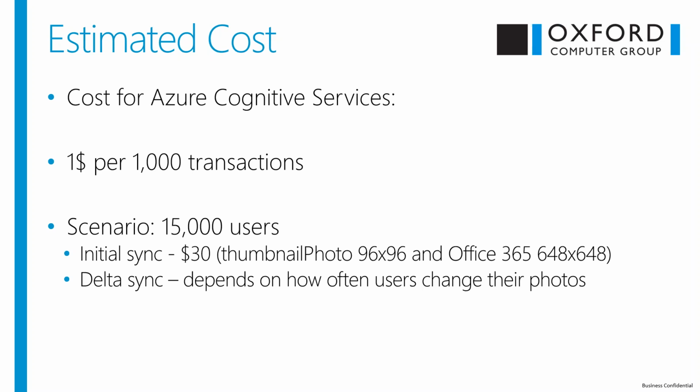So if we were to look at a scenario with 15,000 users, the initial sync would cost $30 because we would technically be doing every photo twice. We would be doing one call to get the 96 by 96 for Active Directory, and then the larger resolution for Office 365. After that, it's really just going to depend on how often users change their photos or new users are onboarded with new photos.